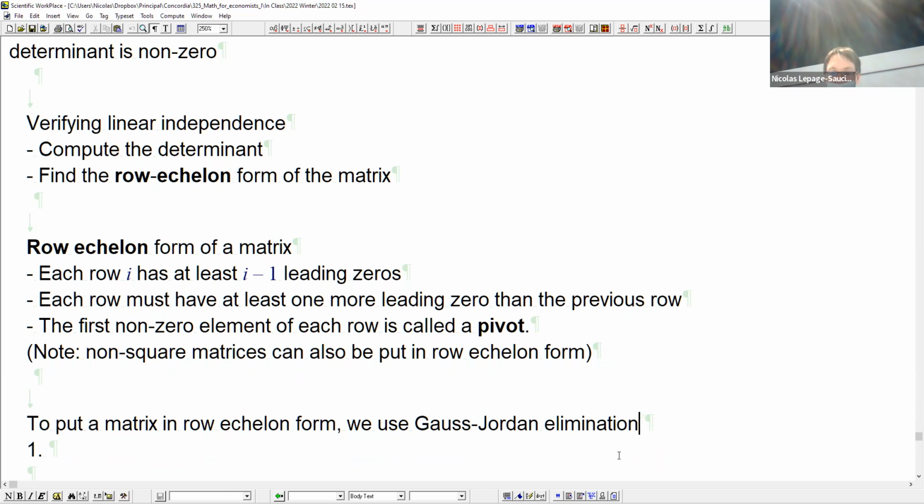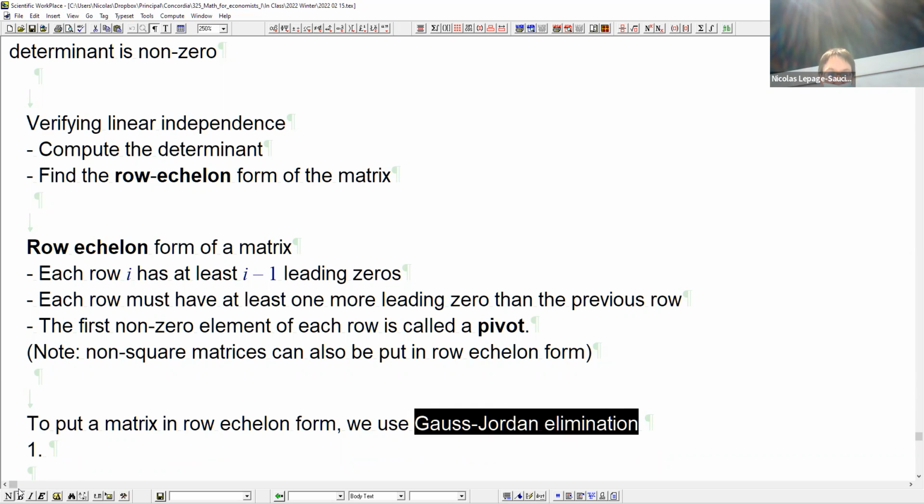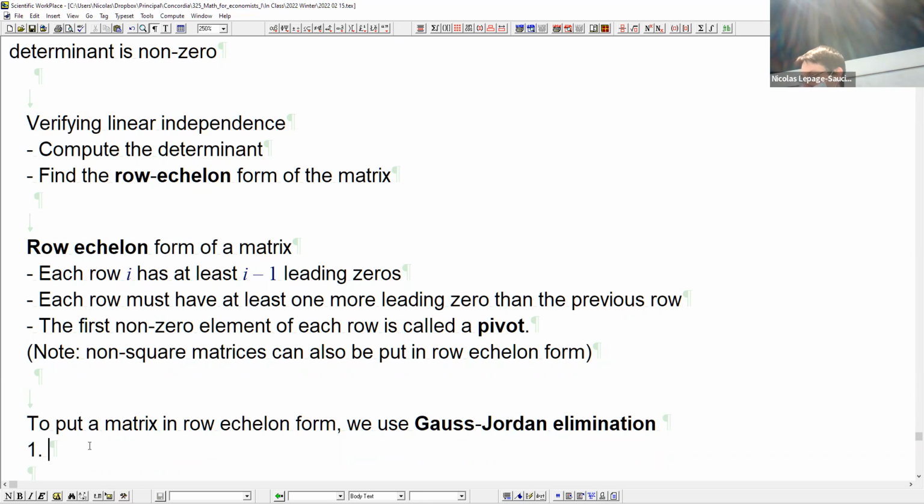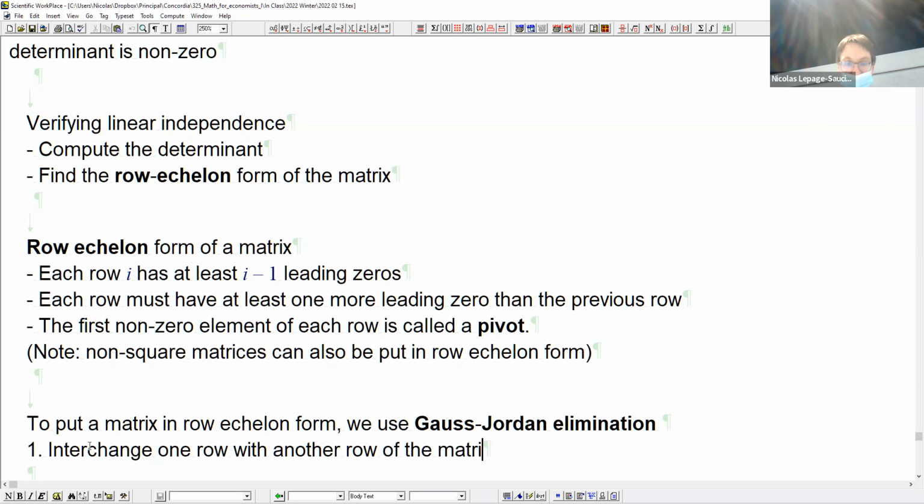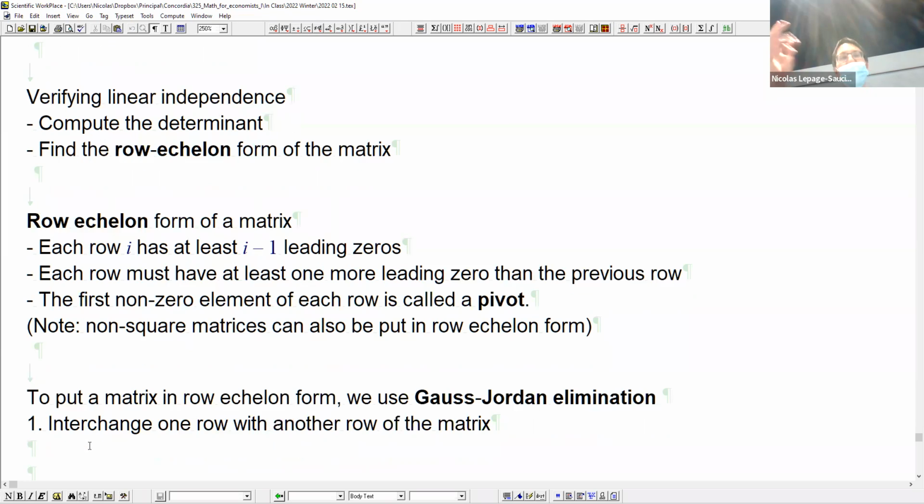One, we can interchange one row with another row of the matrix. So this is like swapping equations, so it doesn't change anything.